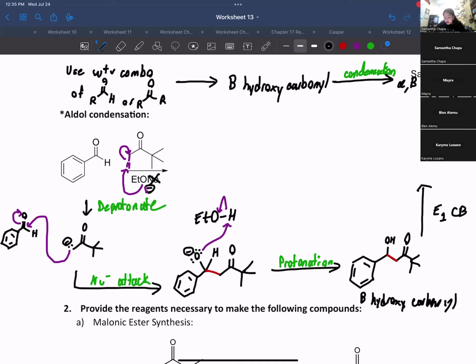Which means I have to make the conjugate base of this right here. And how do you do that? You use a base. You're going to deprotonate your most acidic hydrogen, which is the alpha hydrogen right now, and make the conjugate base, which is the enolate.